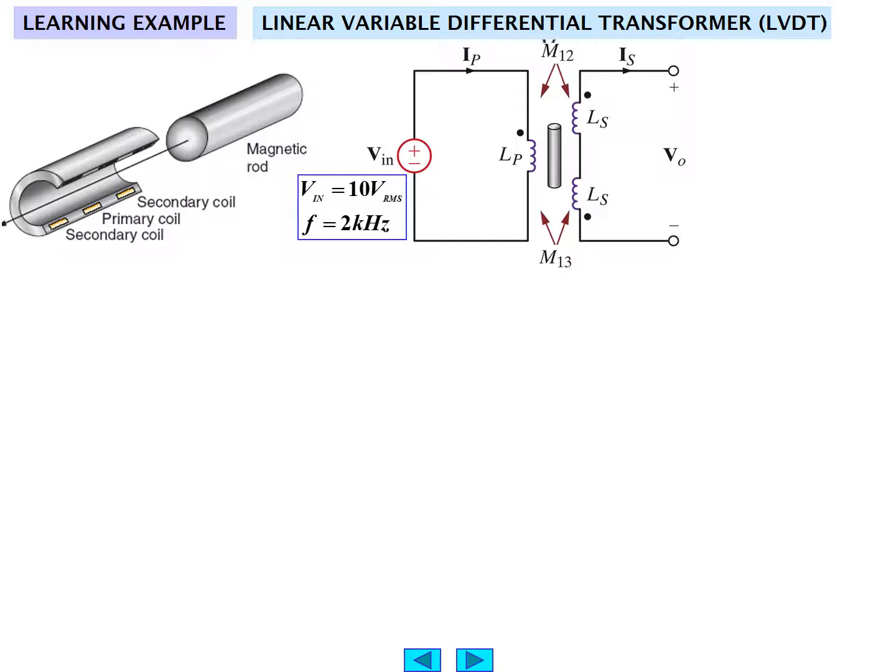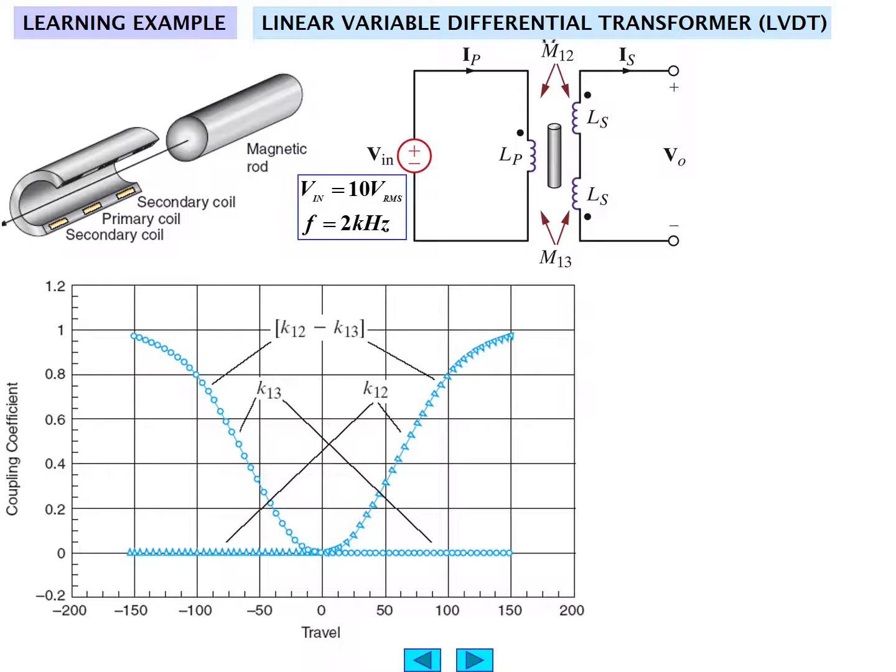The circuit has a Vin of about 10 volts RMS, a frequency of 2 kilohertz, and we have LP, the primary coil, and we have two secondary coils, LS done twice essentially. And as a result of having two secondary coils which are separated in space, we have M12 and M13, producing the secondary current I sub S at a voltage V0.